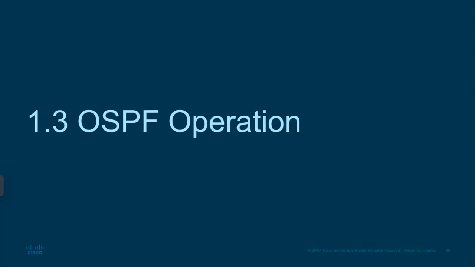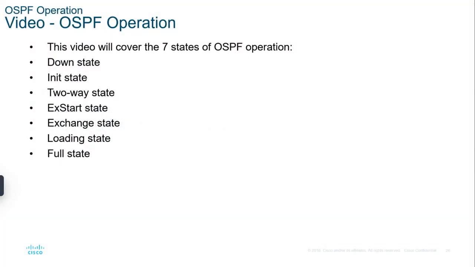So OSPF operations, this is the video that will take you through all the operations. There are 7 states. We have the down state, initial, 2-way, exchange start state, then exchange state, loading, and then full state.